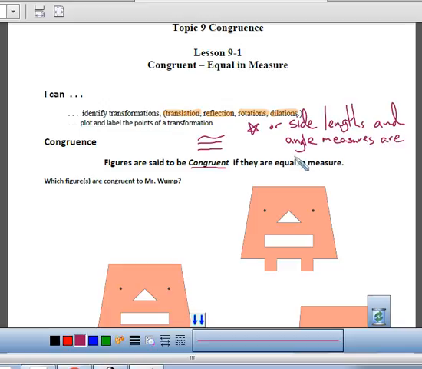Now this is not a great definition either because technically we can have congruent figures that don't have sides, something that's rounded, or angles. But this is another way to think of what congruent is. And most of the figures that we're going to deal with, you will be able to tell if they are congruent or not visually, but we'll also do some measuring or see measurements.